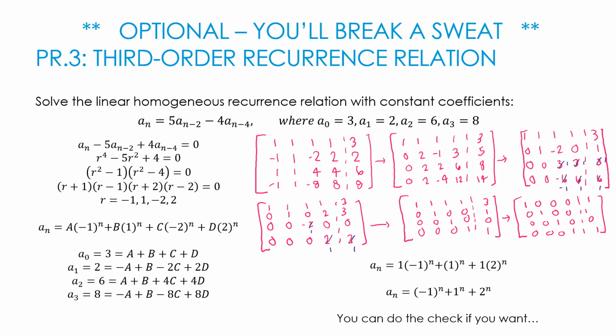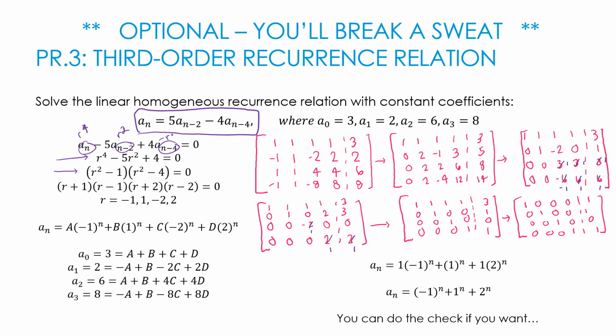But again, here was my initial recurrence relation, and my characteristic polynomial looked like r to the 4th minus 5r squared plus 4. Again, you can't just call this r0, r1, r2 because of the difference between the values there. So this was r to the 4th, r squared, and r to the 0.